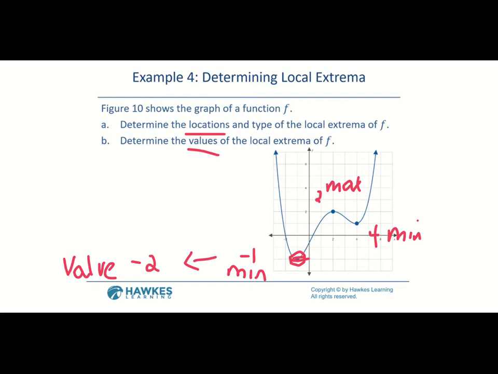Now for our maximum, the value is 2, because that is the y value for that. Think of it like that ordered pair. And then for our other minimum, the local minimum at 4, the y value is 1. So 1 would be your value.